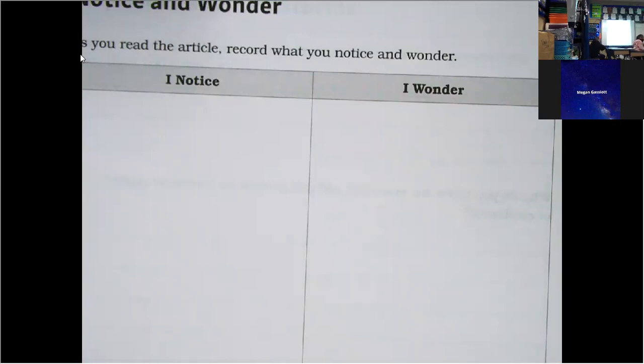All right, go for a notice, Melanie. I have a wonder. What happened to the elephants after the photo was taken? Oh, good question. I want to hear her own question.